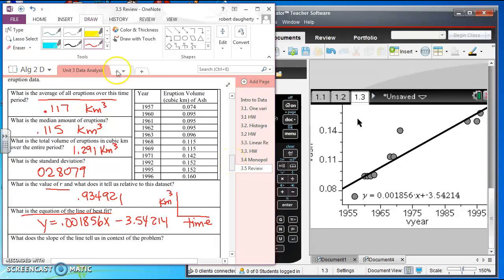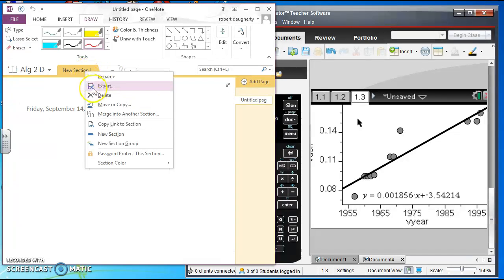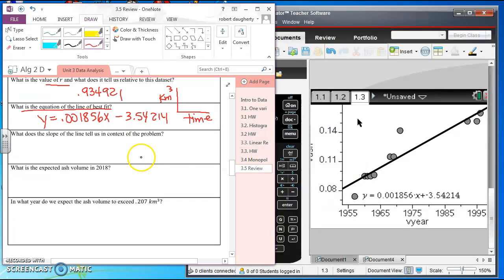So the slope of this line is 0.001856. So it tells us that the amount of ash increases 0.001856 cubic kilometers per year.